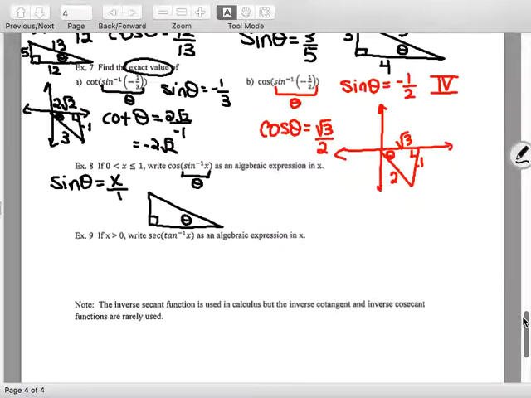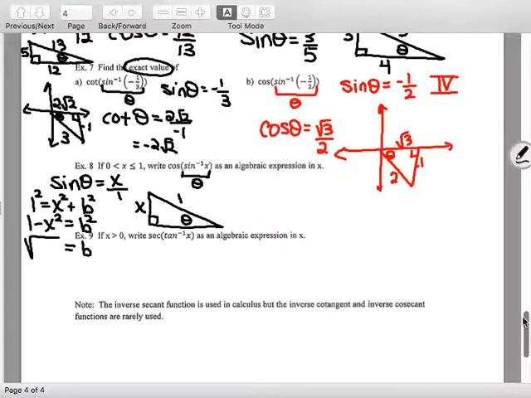So let's draw a picture here, and that's x over 1. I can find the missing side. If I call it 1 squared equals x squared plus, I don't know, b squared. So if I then solve for b, that's 1 minus x squared equals b squared.